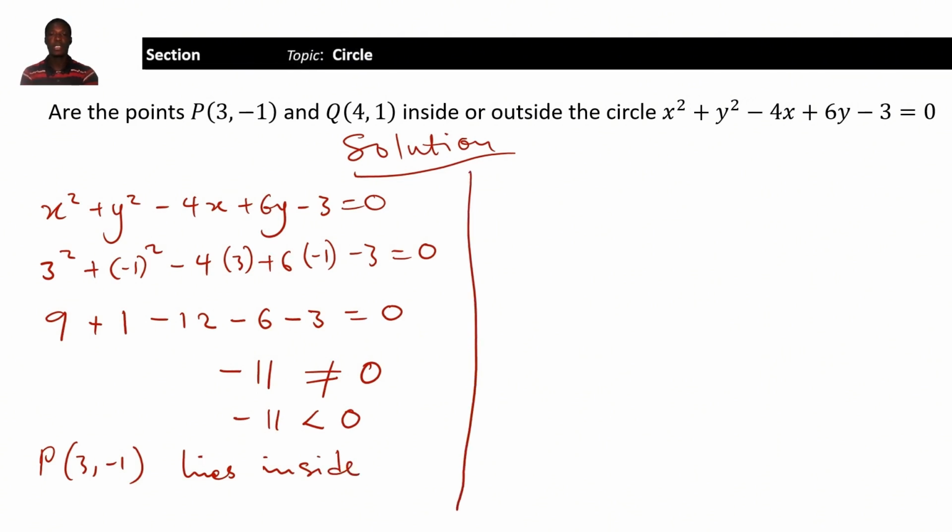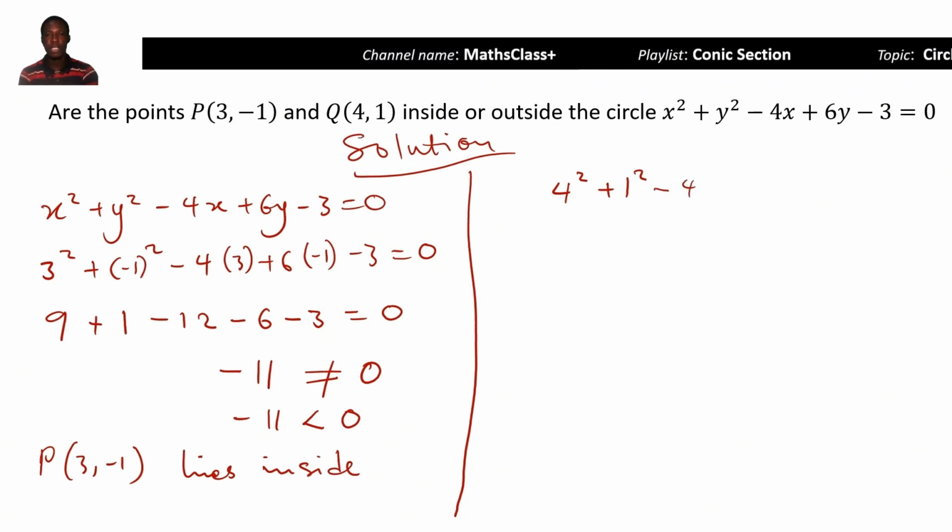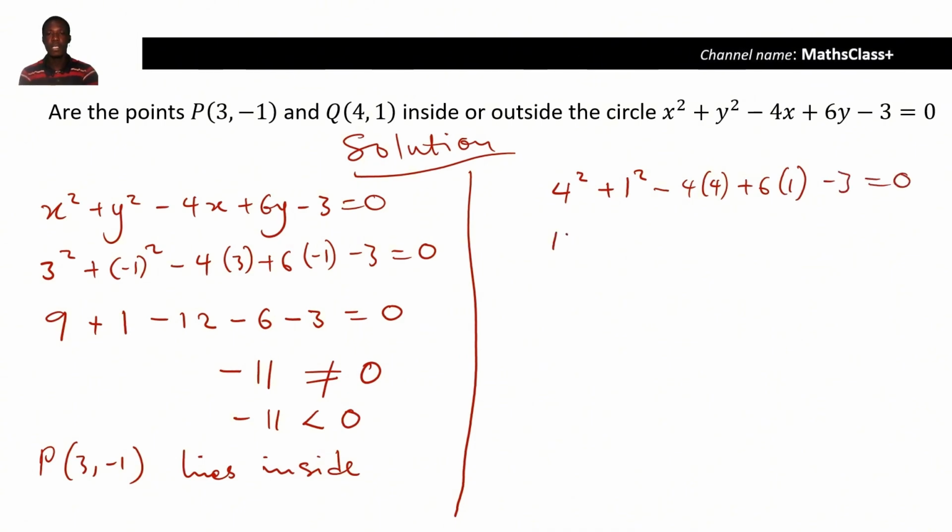Then we also check for point Q. 4 squared plus 1 squared minus 4 times 4 plus 6 times 1 minus 3 equals 0. 4 squared is 16 plus 1 minus 16 plus 6 minus 3.